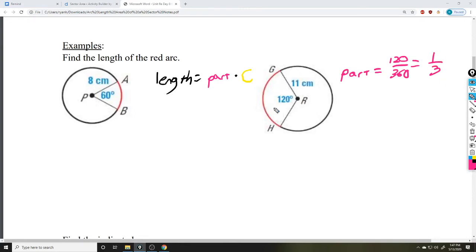So we're going 1/3 of the way around the circle, and we want to know how far that is in comparison to all the way around. Well, our circumference is going to be 2 pi r. That's 2 pi times our radius, which is 11. So that's going to equal 22 pi.